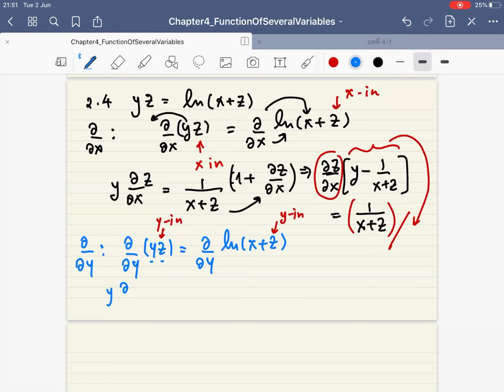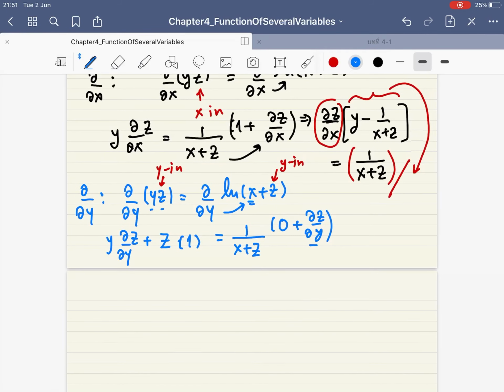So it is the first derivative of the second and the second derivative of the first, and this one, the log is 1 over x plus z, and a derivative of the inside, x is 0, and dz by dy. So again, you have 2 dz by dy, so you combine them together.